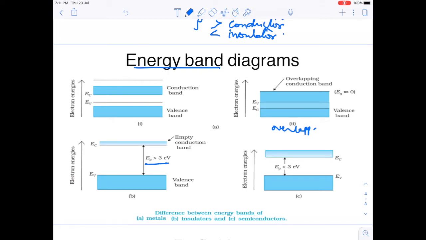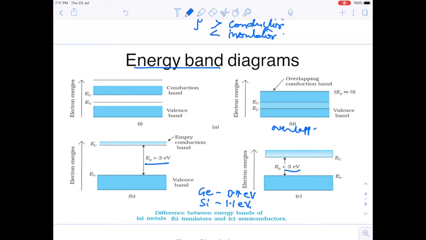In semiconductors, the gap is less than 3 electron volts; for germanium it is 0.7 electron volts, and for silicon it is 1.1 electron volts. In insulators, the gap is large, so electrons from the valence band need that much high energy to reach the conduction band, and therefore conductivity is poor in insulators.